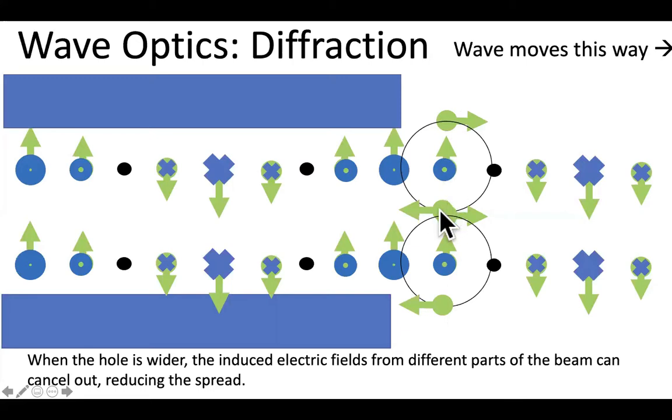But at this location, in the middle of the wave, those two electric fields generated by these two magnetic fields cancel out because one's going to the left, one's going to the right. That cancellation is what keeps this disturbance from deflecting as a whole.